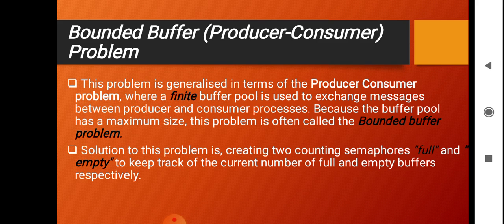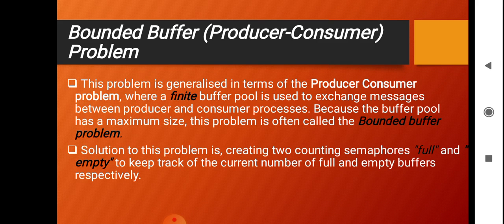Because in the bounded buffer problem, the producer and consumer are the two processes. The producer process generates or produces useful data or the necessary information, so it has to produce the full buffers for its consumer.